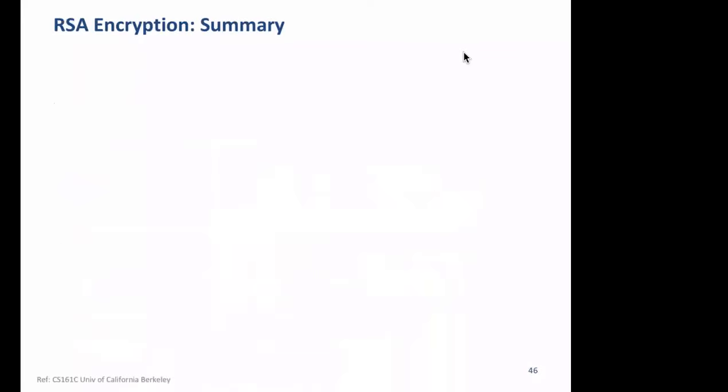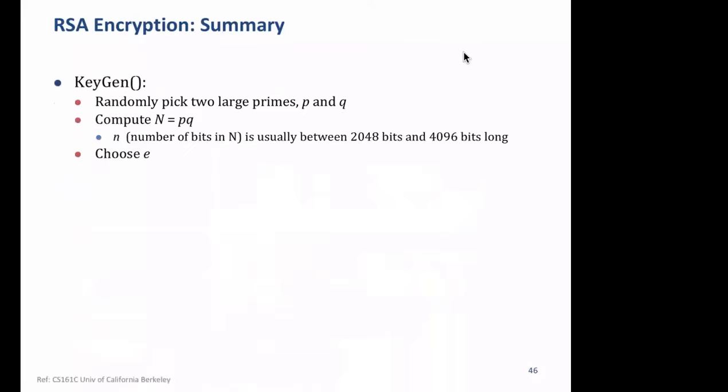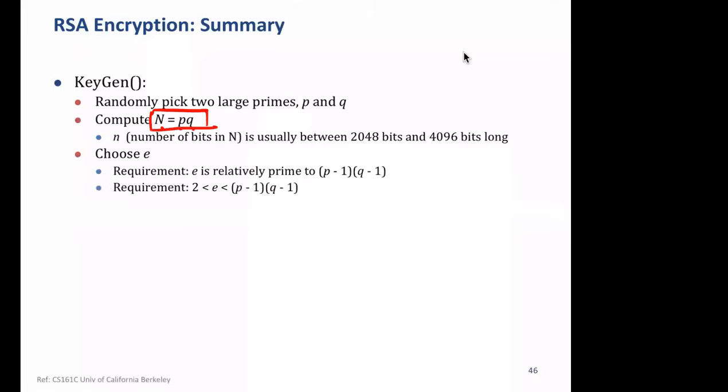So, RSA encryption summary. It is based on plain number theory. I take two large primes, P and Q, and calculate N. The number of bits in N is usually large, between 256 and 4096, so N is very, very large, and P and Q are also large.